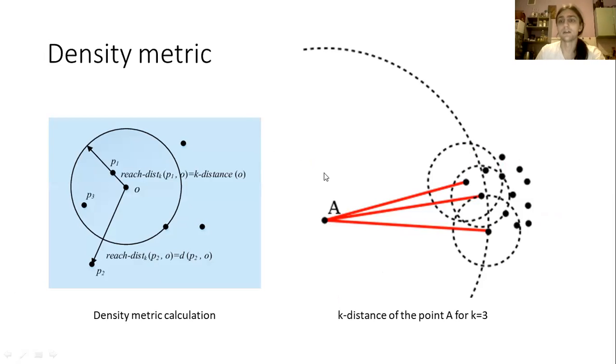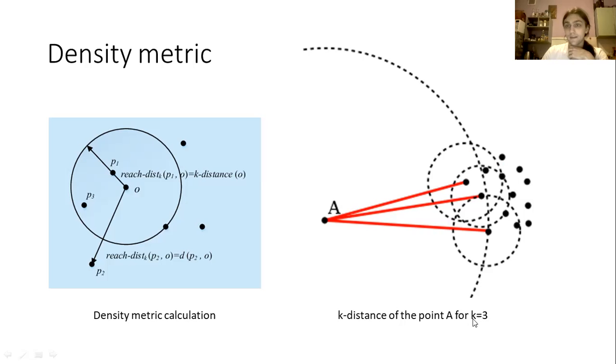Now we can talk about the density metric, because the algorithm in this article is density based. We can talk about the so-called k-distance. K-distance is a characteristic of a point.